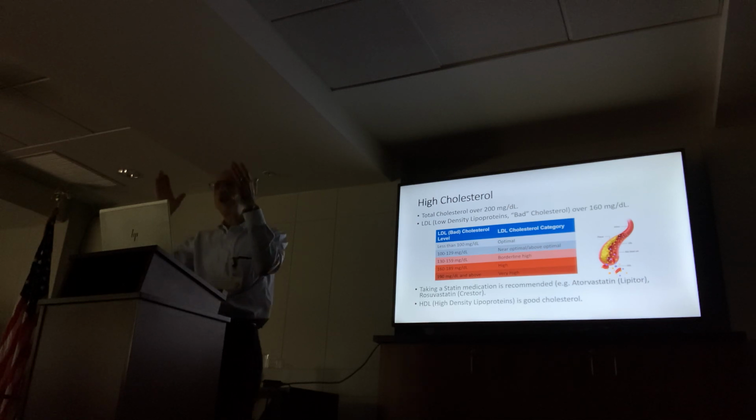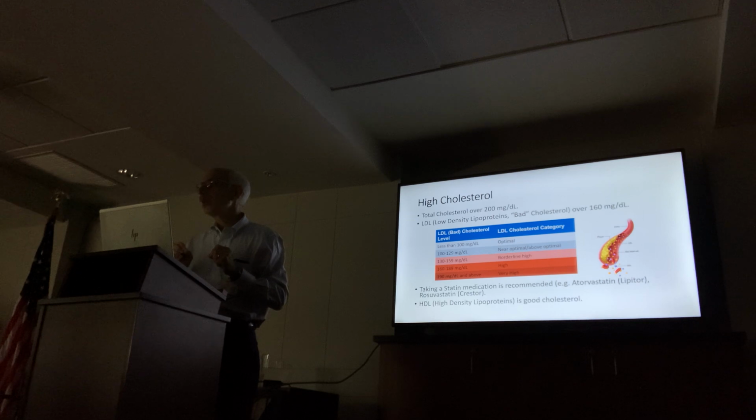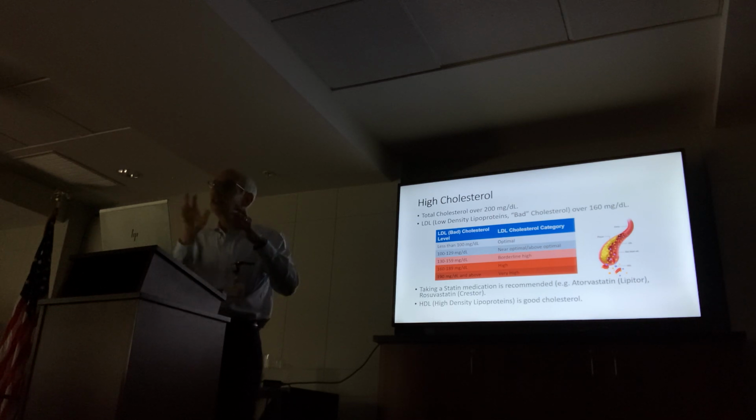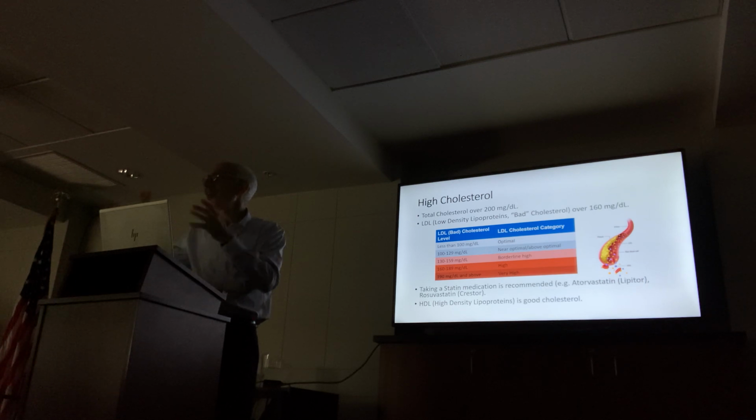If you just look at the total cholesterol, that's LDL plus HDL. So there's several ways you could have total. So if your total is 200 and your HDL is 10 and your LDL is 190, that's bad. But suppose your total cholesterol is 200 and your HDL is 100 and your LDL is 100, that's great.